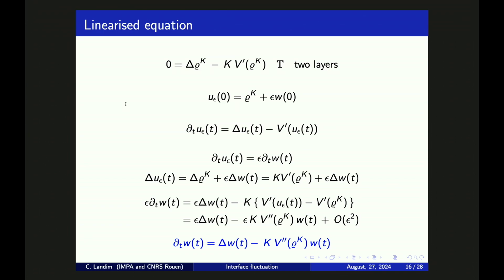What you expect is that this correction will evolve according to the linearization of the hydrodynamic equation. So here I computed it, and this is the linearization of your equation. This is the equation that should be describing the evolution of this fluctuation.